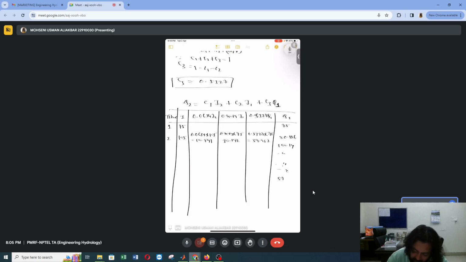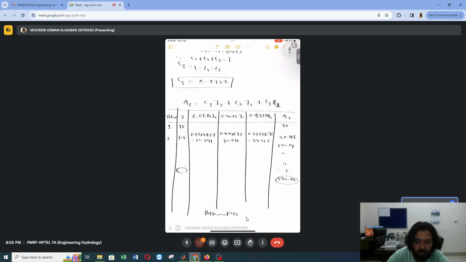The maximum value that comes is 570.74 outflow. Now when we compare the maximum value of outflow with the maximum value of inflow, the difference between the two will give us the attenuation.